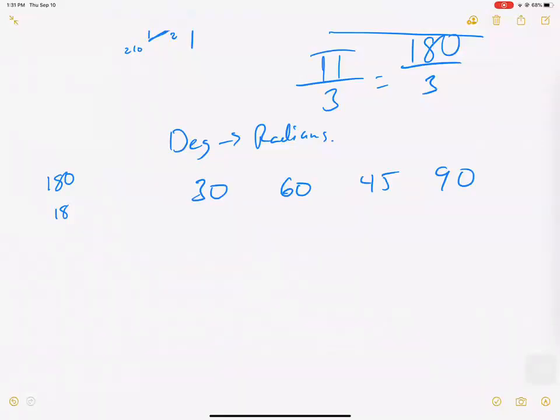So it turns out pi over 6 gives you 30 degrees. How does that look practically? 180 degrees divided by 6 gives you 30.